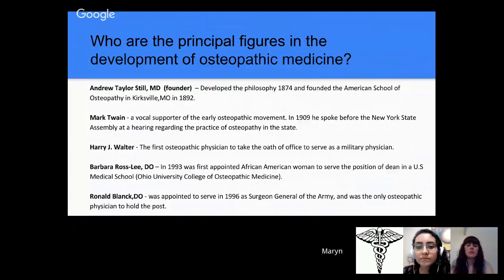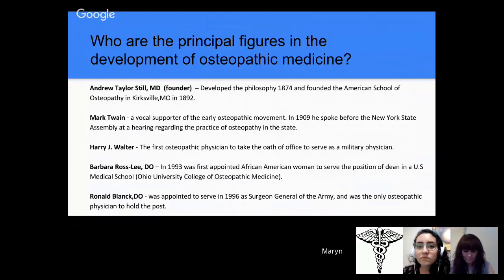And then there were a few people who helped with the progression of osteopathic medicine. This is a list of a few of the supporters of that because it wasn't super well known. Over time, it slowly became more and more popular.